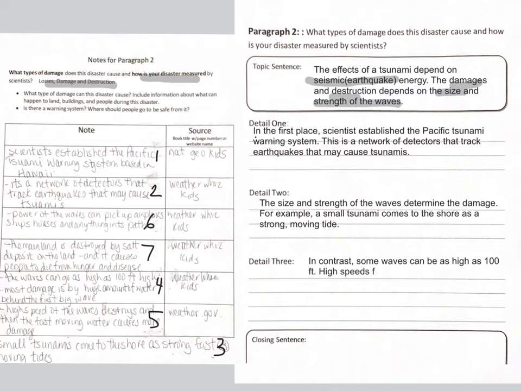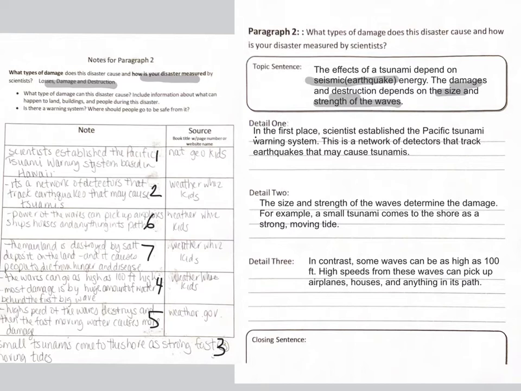High speeds from these waves can pick up airplanes, houses, and anything in its path. Now I want you to notice that I've used information from my details 5 and 6. I combined those thoughts and just made one sentence.